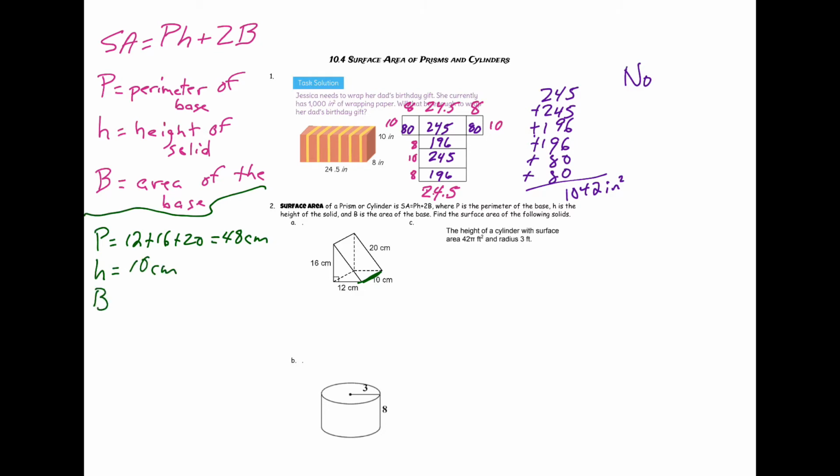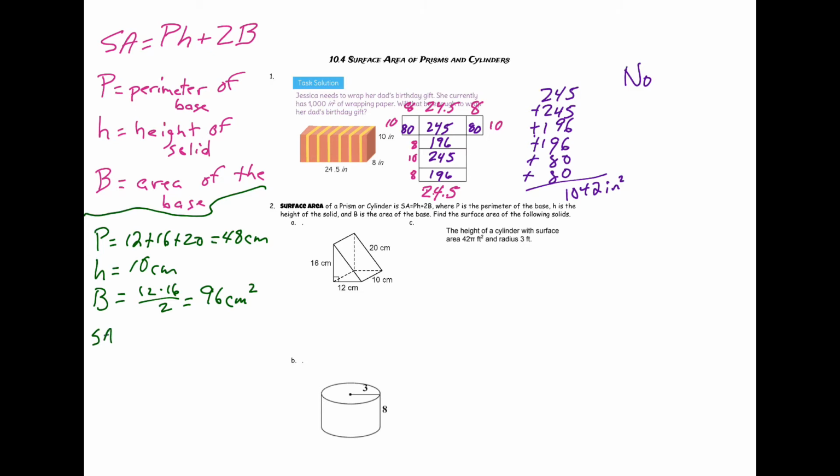And then my area of the base, so for a triangle, once again, that's base times height divided by 2. And our base and height make a right angle, so 12 times 16 divided by 2, which would then be 96 centimeters squared. And now that I have the pieces that I need, now I can find surface area pretty easy.